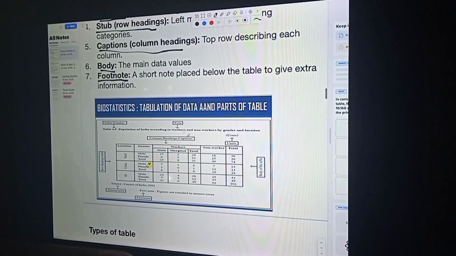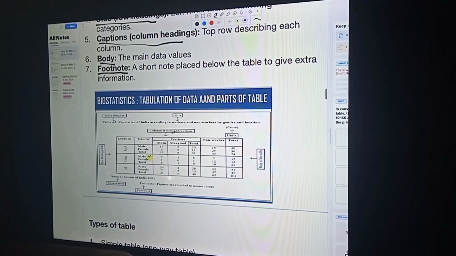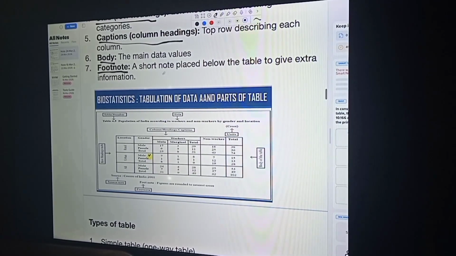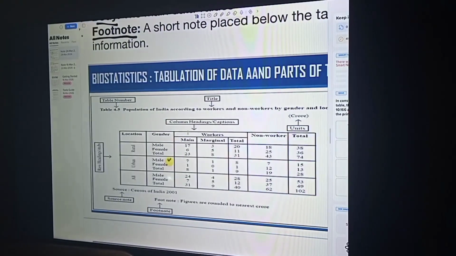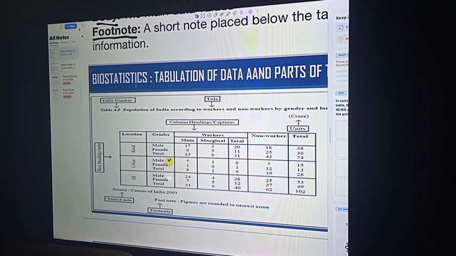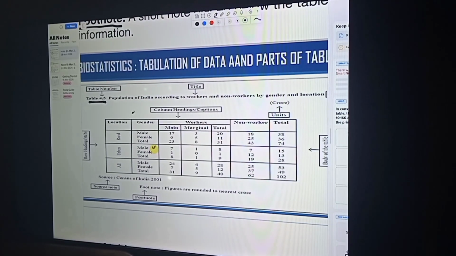I have downloaded a table for you. This table is about data and parts of a table. If you see here, you see the table number. A table may be given a number if there are more tables in the analysis. So this is the title.